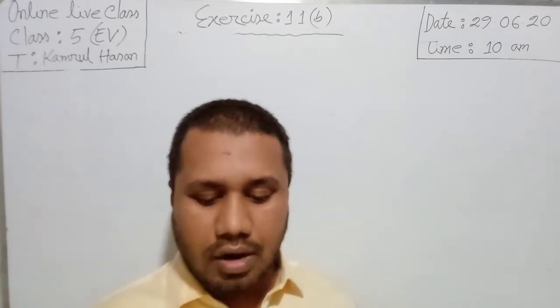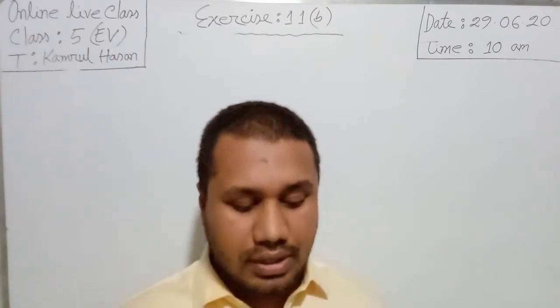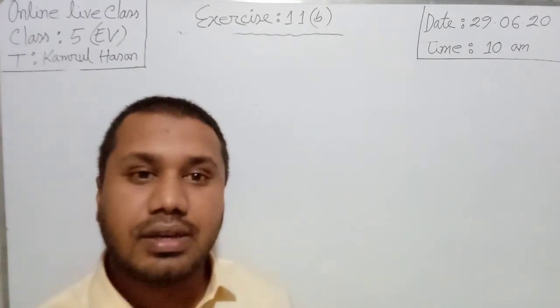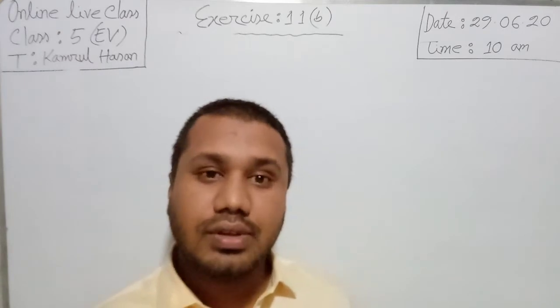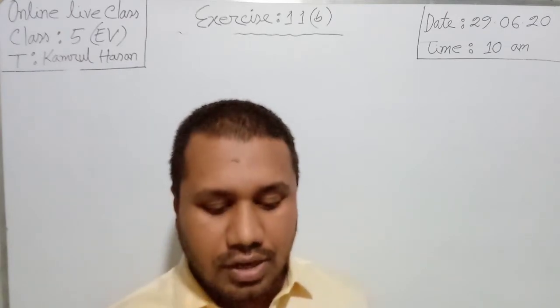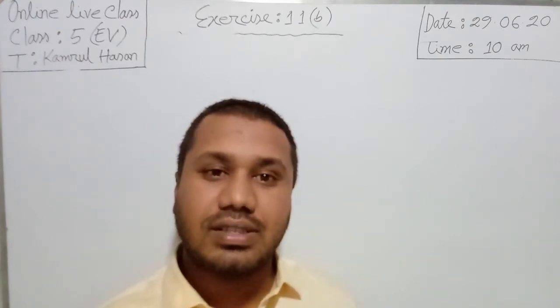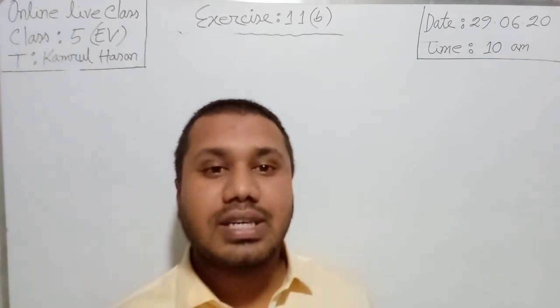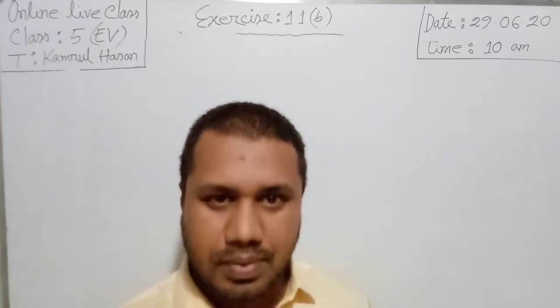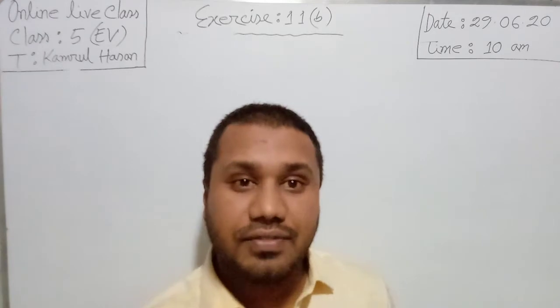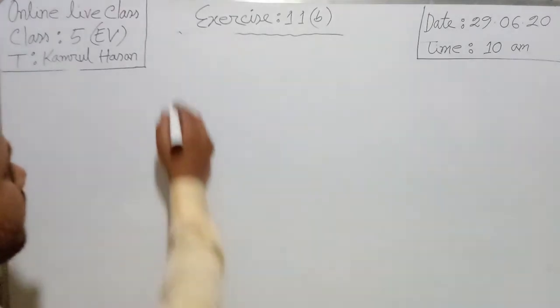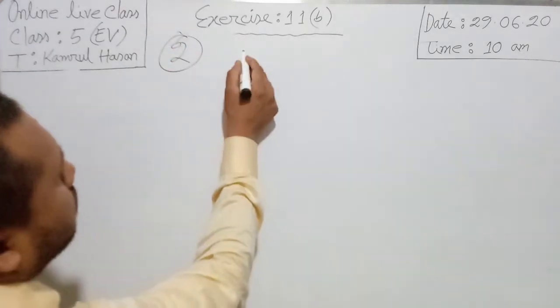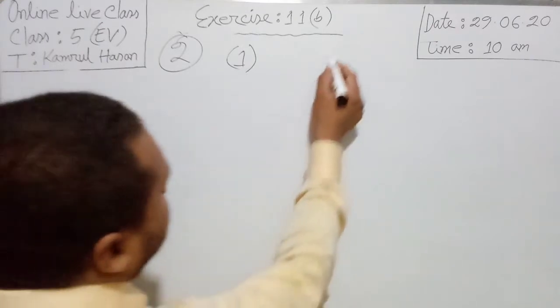Calculate the area of the following figures. Look, there are 4 figures given. They are numbered 1, 2, 3, 4. And we have to find the area of these 4 figures. So at first we have to know the name of each shape. Look, dear students, number 1.